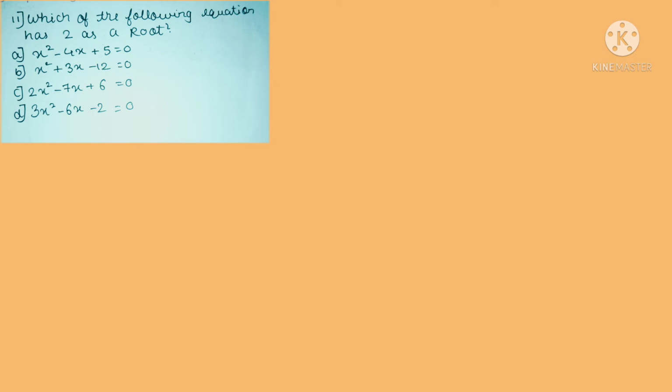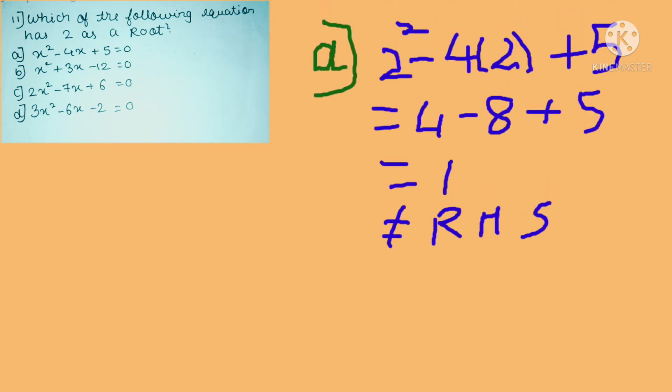Over here the question is: which of the following equations has 2 as a root? The four options are given, and this question depends completely on the options themselves. First, if we take equation number 1, that is option A, and put 2 in place of x, in the LHS we will get the answer 0.